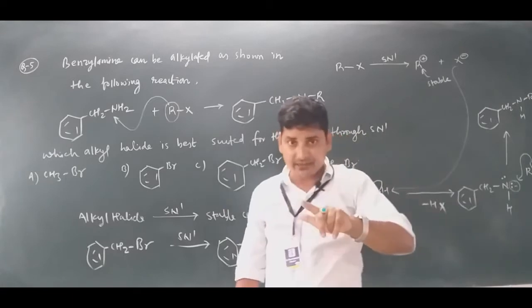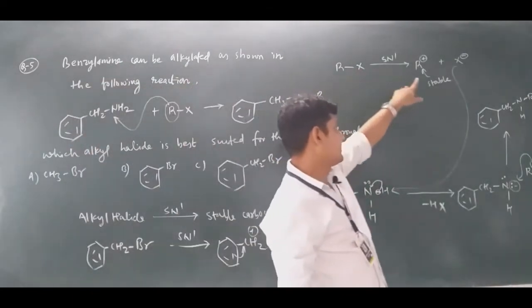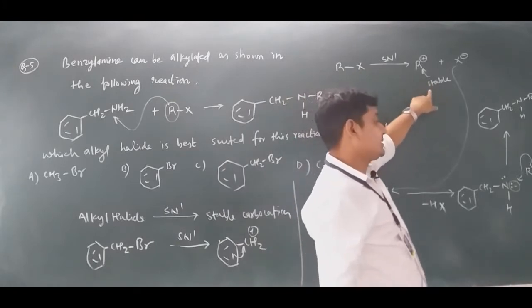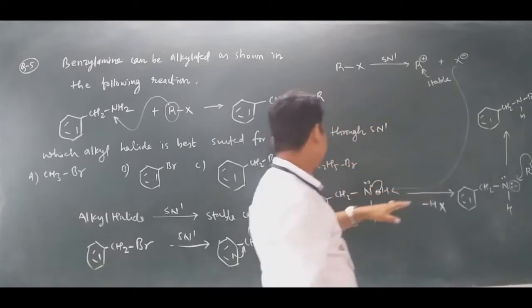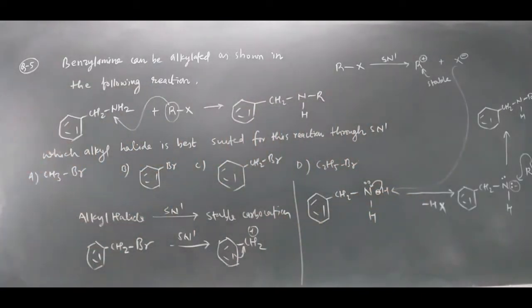So in the entire process, we have observed that the alkyl halide must be such that it is able to give a stable carbocation. Here, in the options, this will give CH3 plus, if the bond is cleaved like that, no stable carbocation.